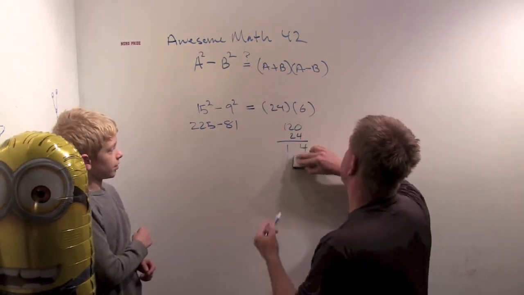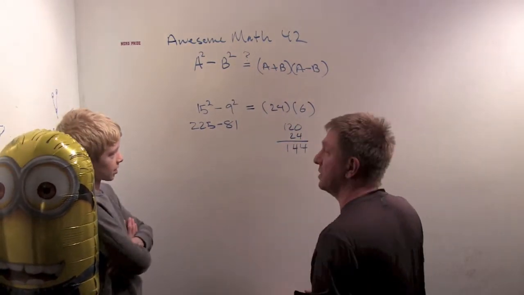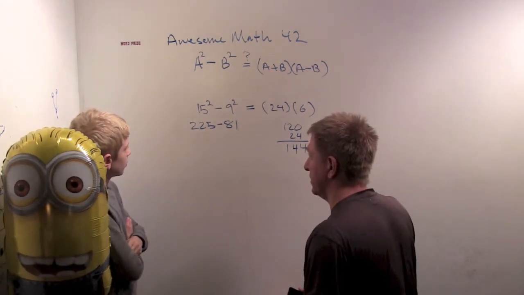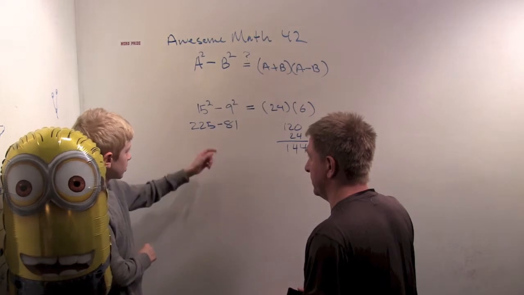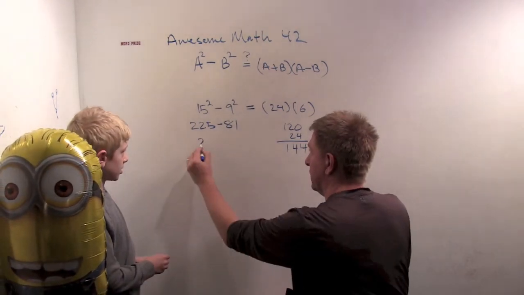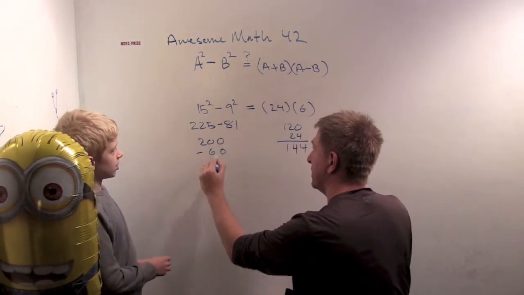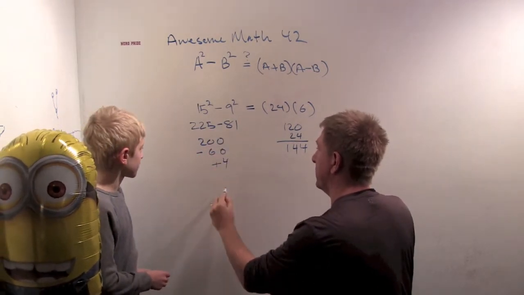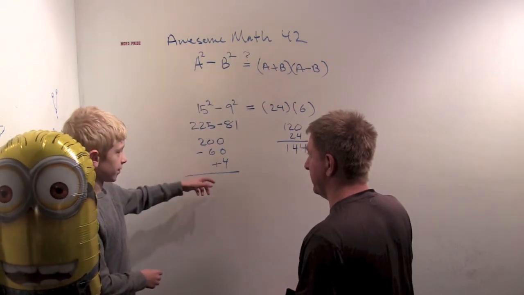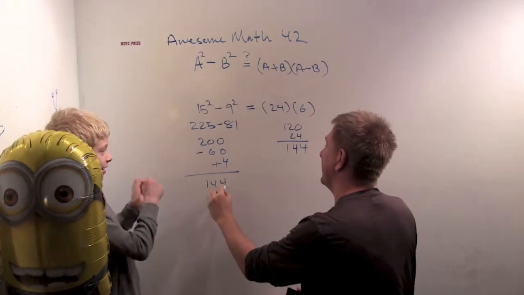You were doing 150 minus 6? Yeah, 6 times 25. Good. So what's 225 minus 81? Well, you have 200 minus 60, plus 4, is 144. Yay! How about that?